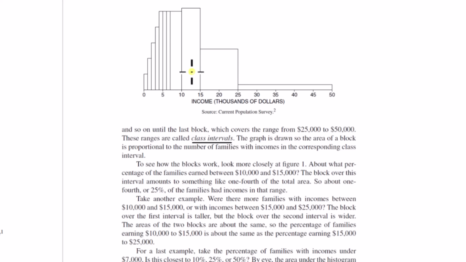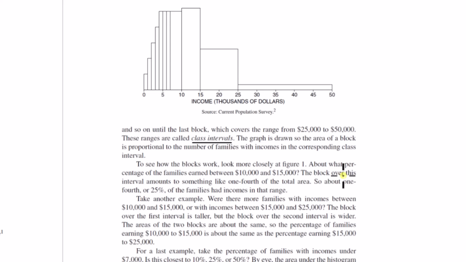Since the areas of the blocks are proportional to the number of data points within that interval, the percent of data points within an interval is equivalent to what percent the area of that block is compared to the total area of the histogram. You see how that works?